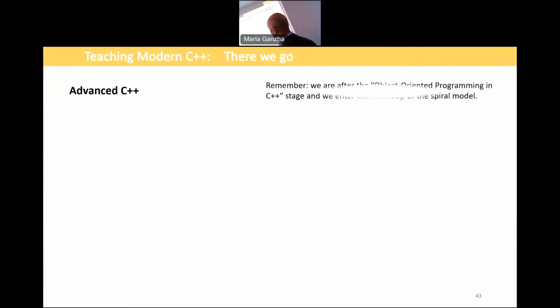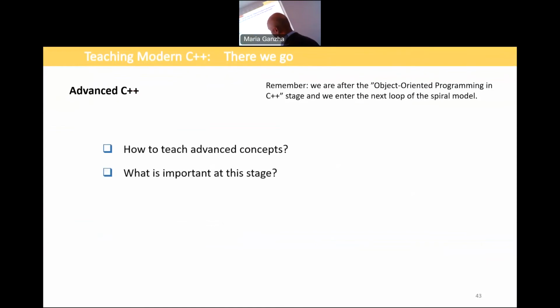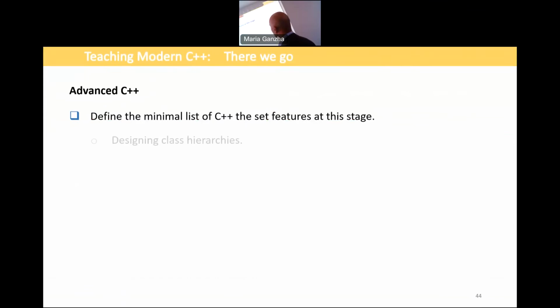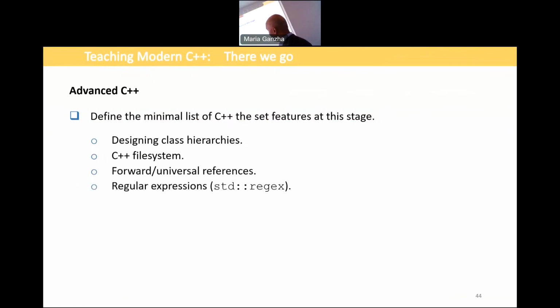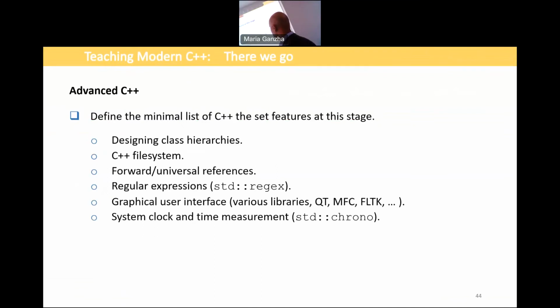And the last group, this is also important: how to teach advanced concepts, what is important at this stage. That depends. It's the third semester, we can say. So, design class hierarchies, file system, forward universal references, regular expressions, graphical user interface, system clock, time measurement. Well, you can introduce file system and clock before that, depending on how much time you have in the previous semesters.